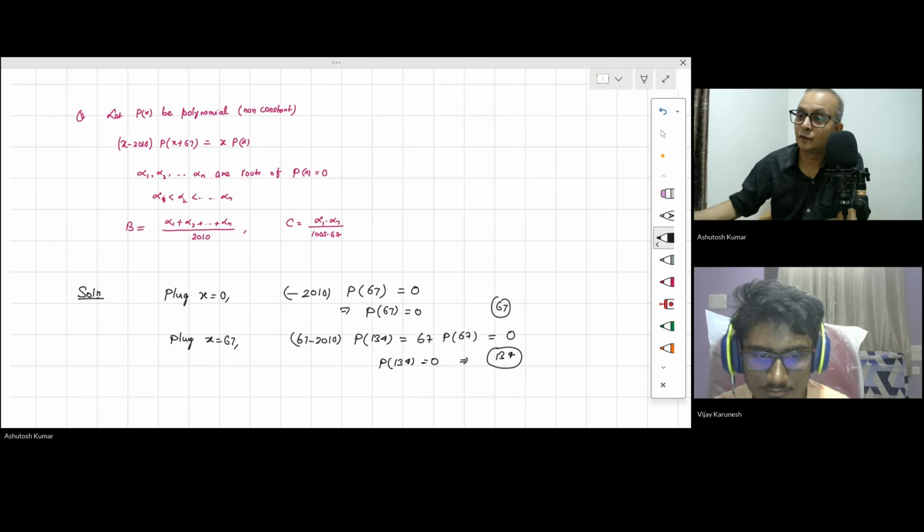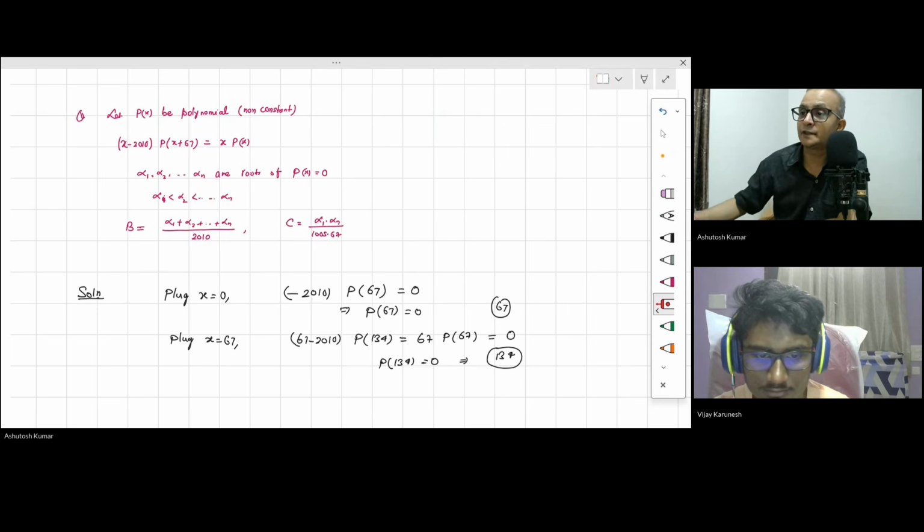Because now we know that P(134) is 0, again I can substitute 134 there, and this x plus 67 will produce the number which is 67 units ahead of 134. So the first root is 67, the second root is 134, the third is 67 more, and it is a series, an AP whose first term is 67 and common difference is also 67, or the multiple of 67. But the problem is, where do we stop?